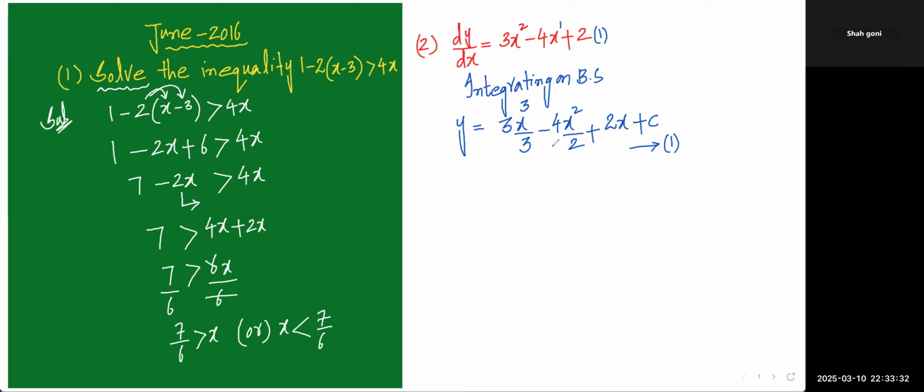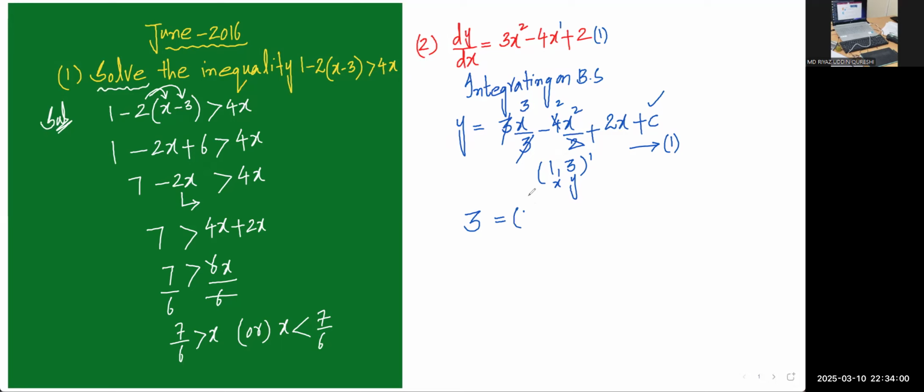And this equation number 1 is passing through the point (1, 3). So what to do? We just put this 1, comma 3 in place of x and y. We'll get the value of c, because only this is unknown. This you can cancel it. 2 ones are 2, 2 twos we can also cancel it. Now if you put the point, 3 is equal to, in place of x is 1 to the power of 3 minus 2 into 1 square plus 2 into 1 plus c.